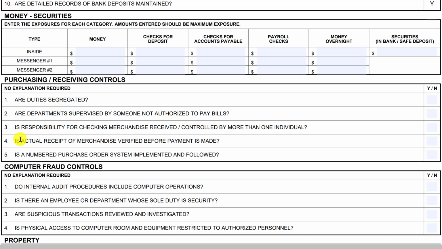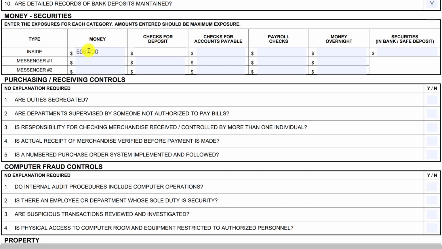inside are the cashiers, the attendants, the retail people. That's how much money we have inside of the property. So let's say we have $500,000 of money inside of the building, okay? And we could have checks for deposit.